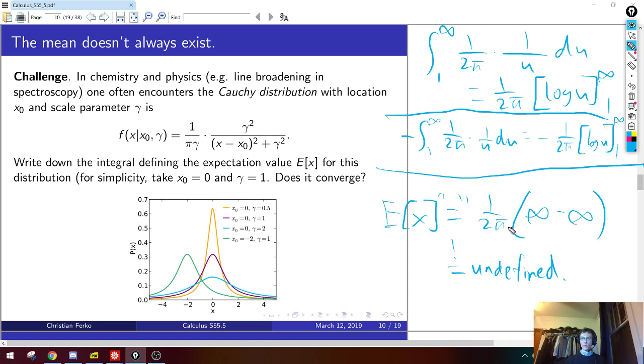This is not a well-defined, nice integral that has a specific numerical value unambiguously. So this is what I mean when I say that the mean or the expectation value doesn't always exist. It can be that the probability distribution goes to 0 so slowly at infinity that the average value is just not a well-defined number. Right.